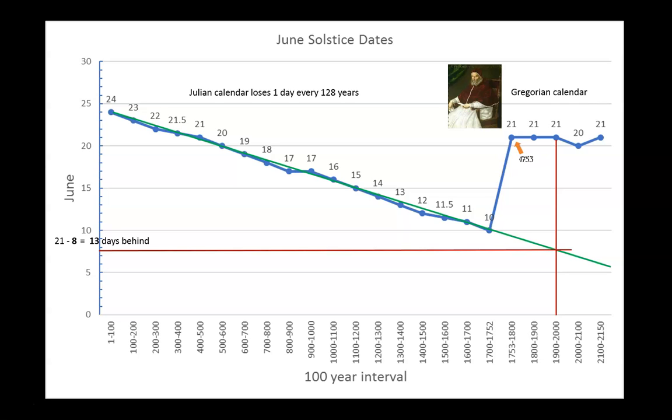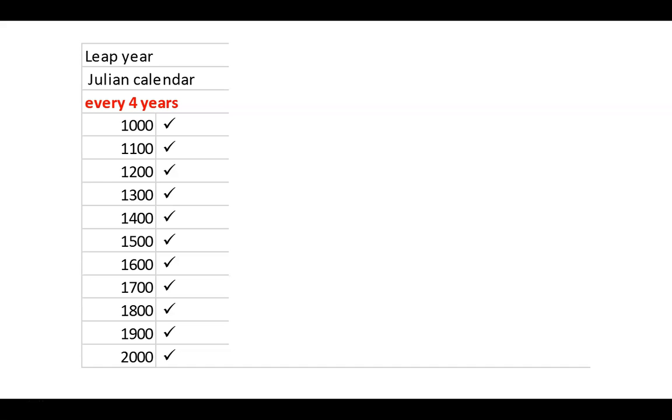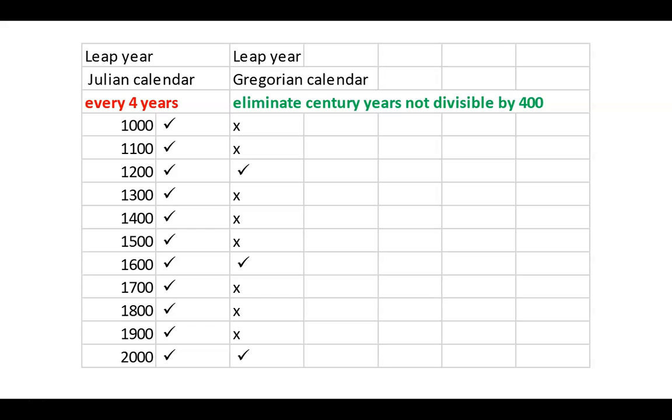Now, just a final comment showing how the Gregorian calendar solved the changing dates in the Julian calendar. In the Julian calendar, a leap year was added every 4 years. Here's an example showing just the century years from 1000 to 2000. Every century year would have a leap year where 1 day was added at the end of February. To counteract the deficiency of this system, the Gregorian calendar was introduced, which eliminates those century years not evenly divisible by 400.